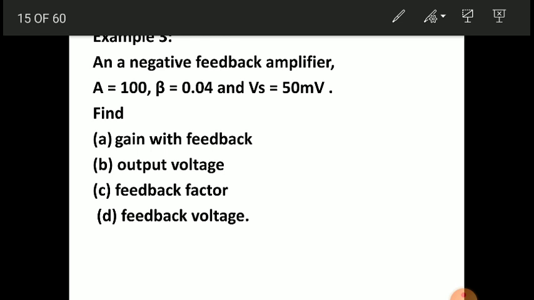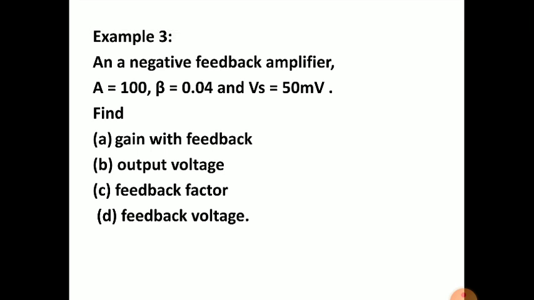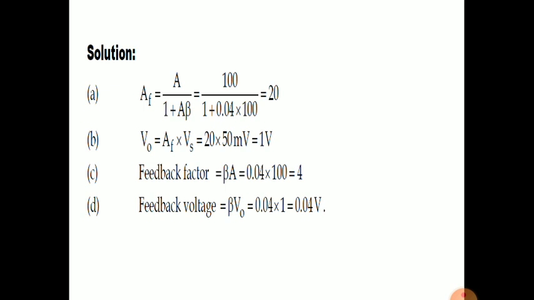Feedback voltage Vf: beta is equal to what? Vf by V output. So Vf is equal to beta into V output. So you can calculate mathematically, right? 100 by 1 plus 0.04 into 100, V output, feedback factor and feedback voltage.